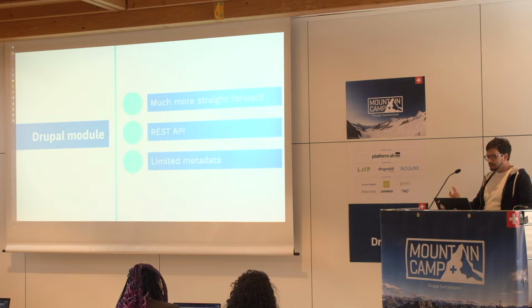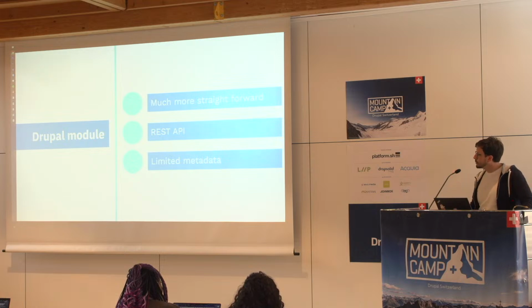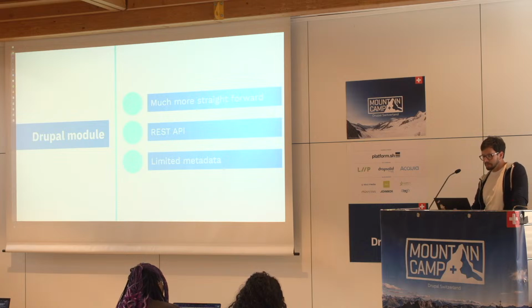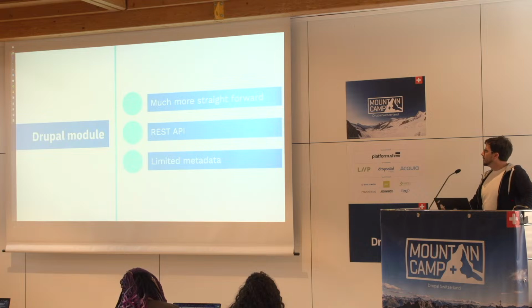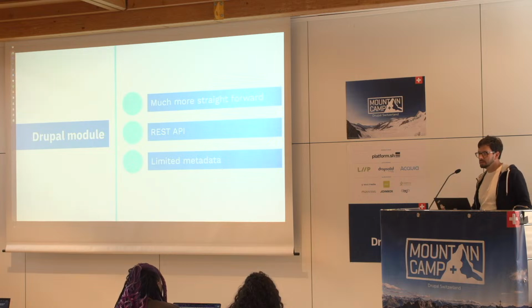The Drupal integration is less complex than Bynder in terms of the search widget, but there is more logic in the widget itself, because we need to build a UI for that. They offer a REST API, a very simple, basic one, but one limitation is that it offers limited metadata.